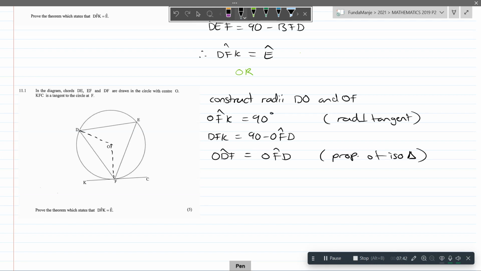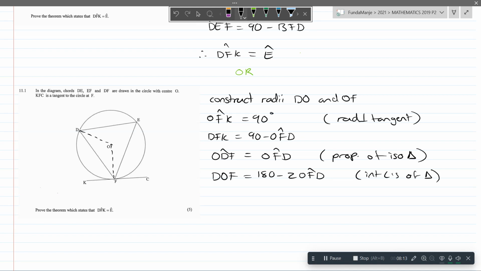Cool. So after we do this, we can now formulate an angle for DOF and say that DOF is equals to 180 minus 2 times OFD. This is just interior angles of a triangle.